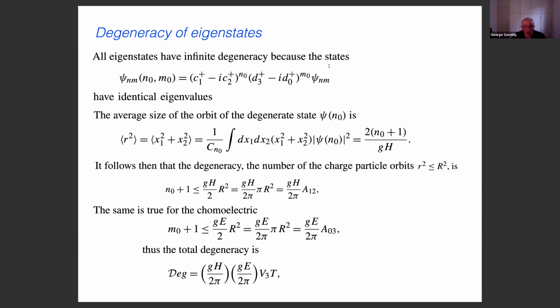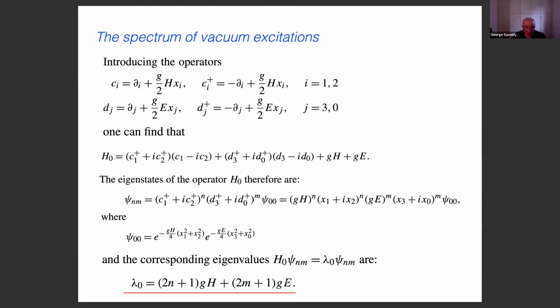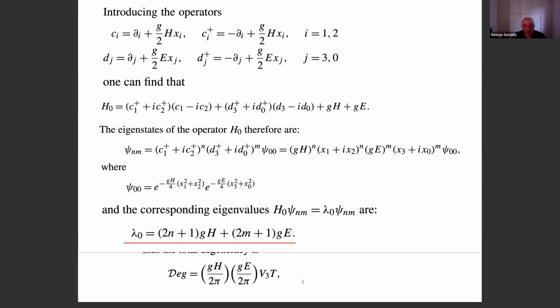So this wave function has the same eigenvalues as psi nm. So you see an infinite amount of wave functions when n0 runs from 0 to infinity, which means that these energy levels are infinitely degenerate.